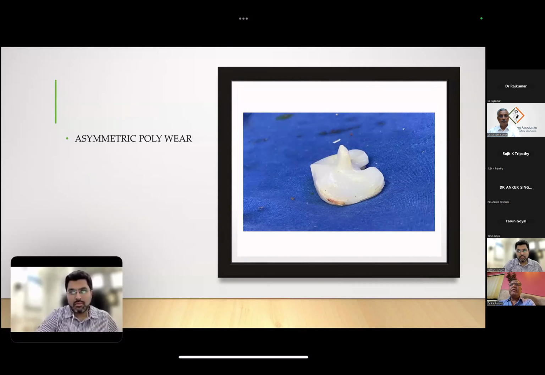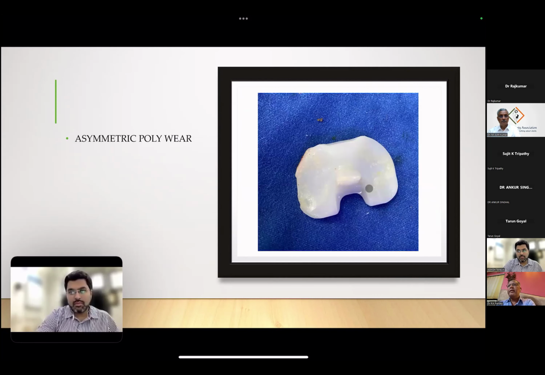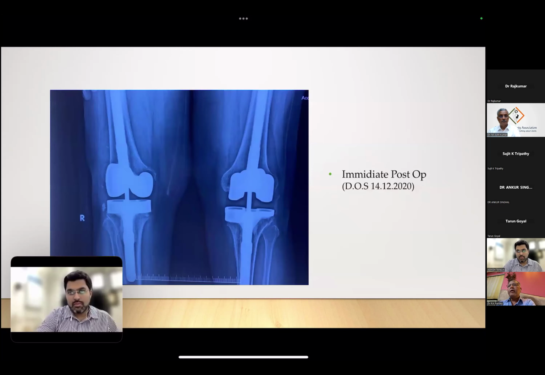On removal, there was asymmetrical poly wear. You can see it very well here. And this was the immediate post-op X-ray after surgery done in 2020. On the right side I have used the bicondylar wedge, and on the left side the medial wedge has been applied.